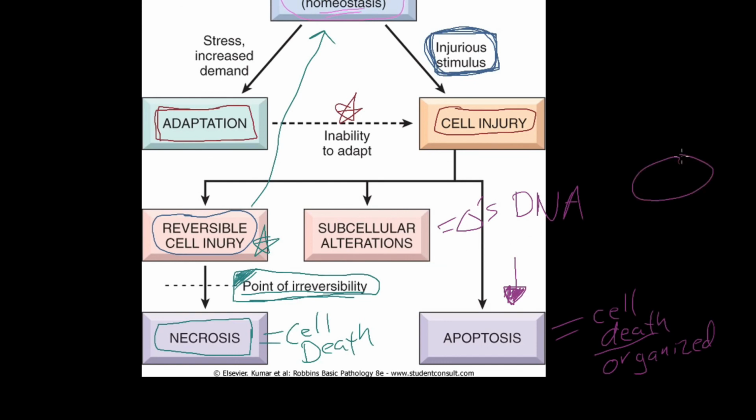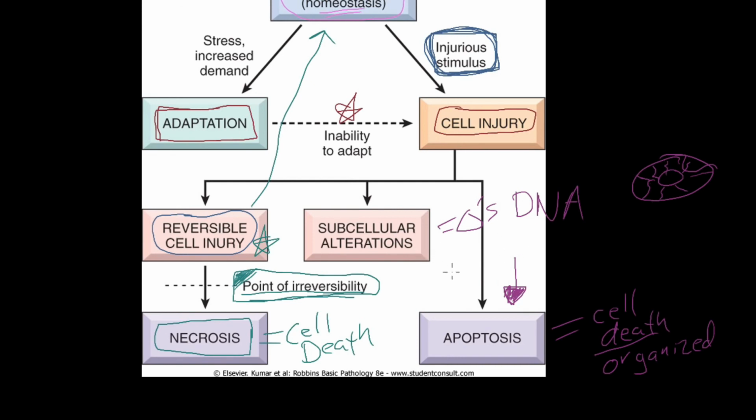Each cell has a different shape, and there are structural proteins that hold the shape of the cell. These structural proteins can be altered in some way, so the cell, instead of round, may look like this or something. So you can have changes in the cell's structural proteins.